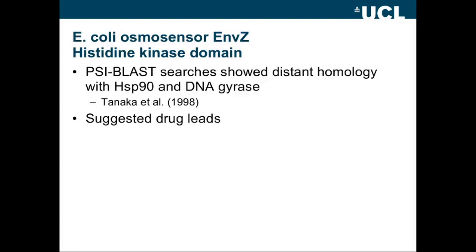My third example, and this is quite a brief one, is this paper by Tanaka et al. The key take-home point from this was that there was interest in developing a drug that would bind to this histidine kinase domain of the E. coli osmosensor called MZ in order to treat food poisoning from E. coli.